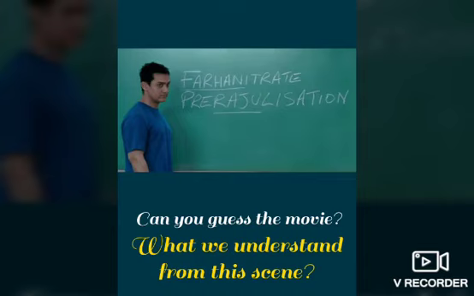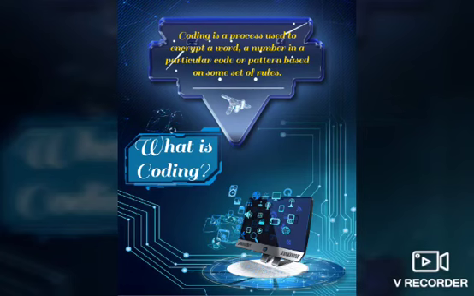So, coding is a process to put a word or number in a special code or pattern. It is based on some sets of rules too. We can code anything. I can code my name, my country name, my student's name.